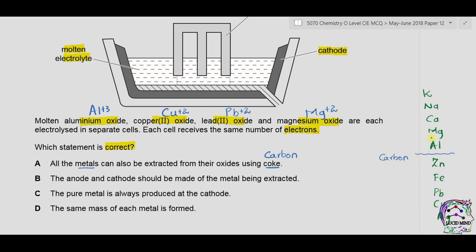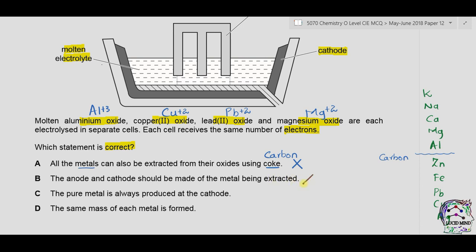Carbon is unable to reduce the oxides of these elements that are above in the reactivity series because they are highly reactive metals and their oxides are quite strong. So all metals cannot be extracted by using carbon. This statement is wrong. Part B, the anode and cathode should be made of the metal being extracted.